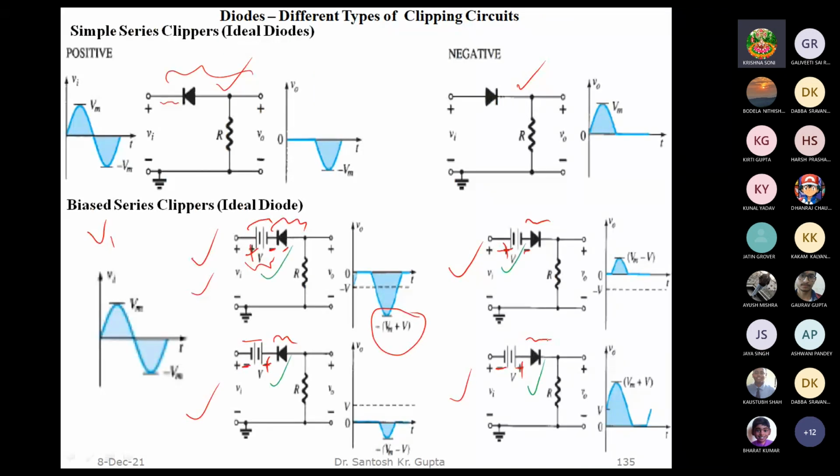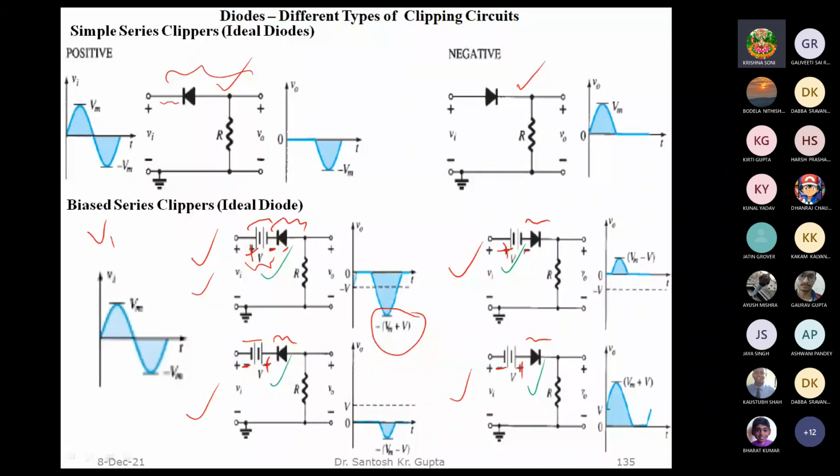One can argue in the same way: find out the part of the input signal for which the diode is going to be on. We will get the output for that duration. For the duration when the diode is off, we will have no output voltage.